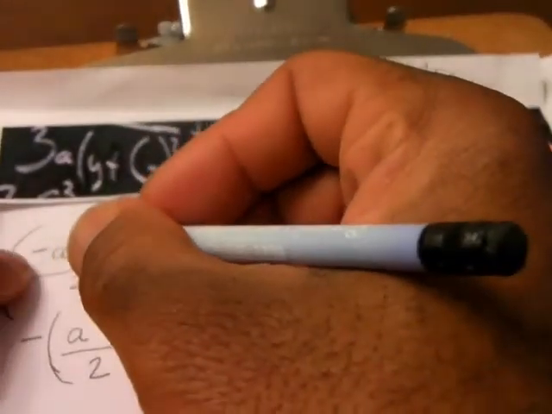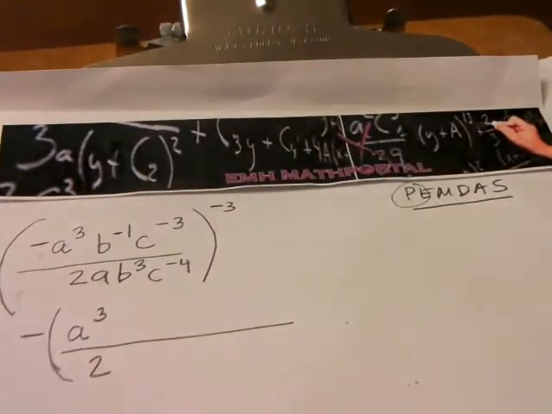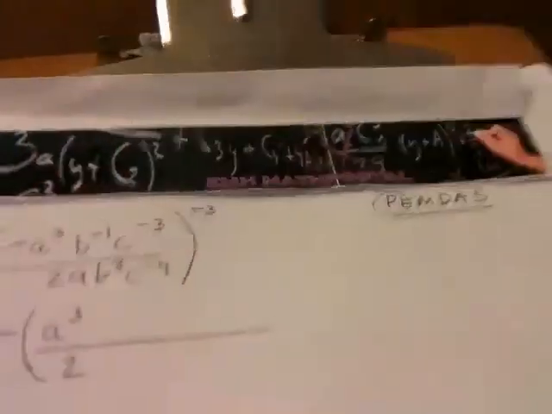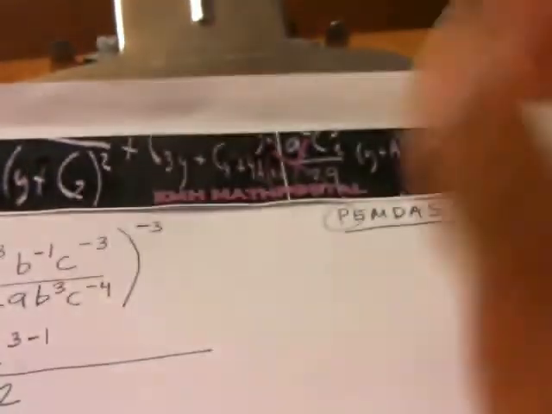So I have the 2 down here. Now I have a to the third, and then I have this a in the denominator. According to the quotient rule, you take the difference of the exponents, and that's what we're going to do. A to the third minus 1, because there's only one power, the first power, since there's no exponent there. It's understood to be 1.